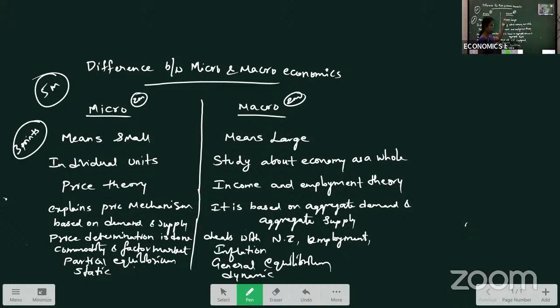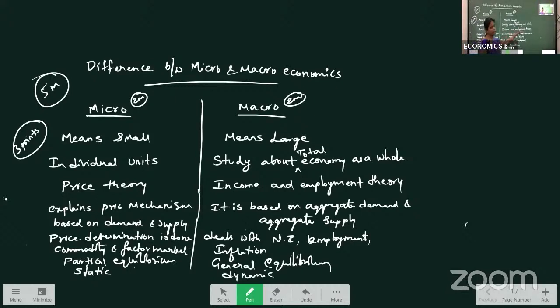Same with macro. Macro means large, as the simple word macro, which means large. Macro is the study about the total economy as a whole. We can say total economy, not individual, total economy as a whole. And macroeconomics is also known as income and employment theory, because it studies national income, means throughout the country, throughout the nation, how much income is generated in the country, what is employment.